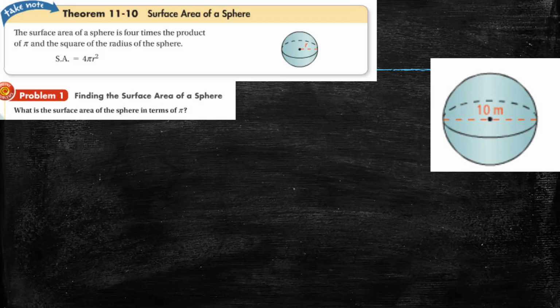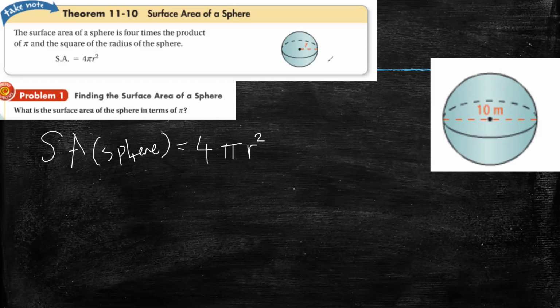Let's see this example. Find the surface area of a sphere. The diameter here is 10 meters. Now, we know that the surface area of the sphere is 4πr², so to find the surface area, we need r. Here I have the diameter, which is 10, so the radius will be 5 meters.